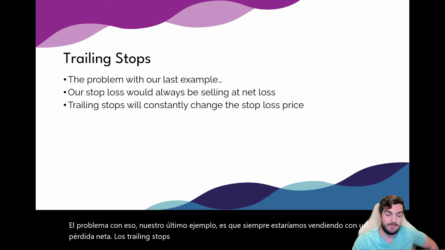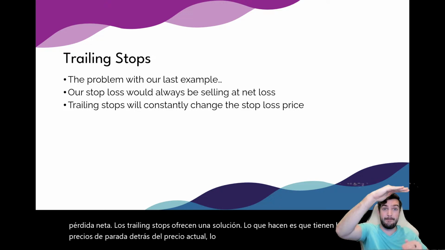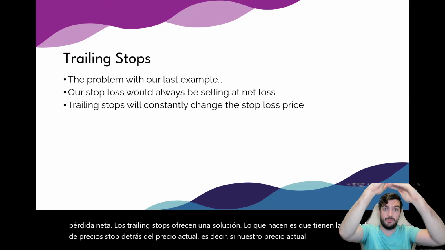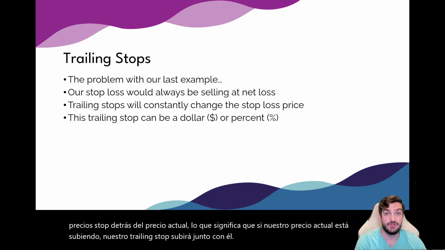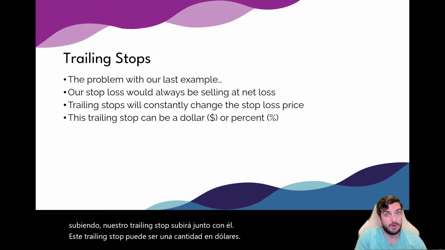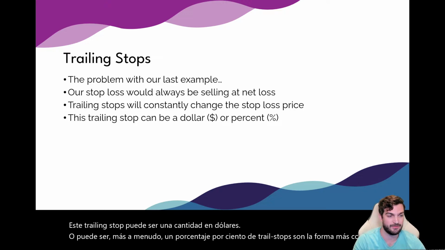What they do is they have the stop price trail behind the current price. Meaning, if our current price is going up, our trailing stop will go up along with it. This trailing stop can be a dollar amount, or it can be, more often than not, a percent. Percent trailing stops are the most common way that people use trailing stops.